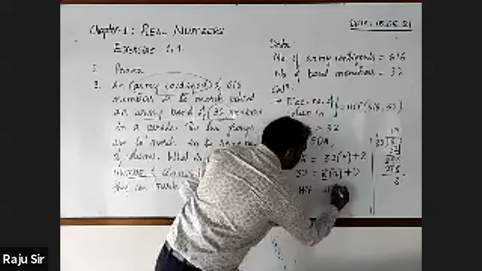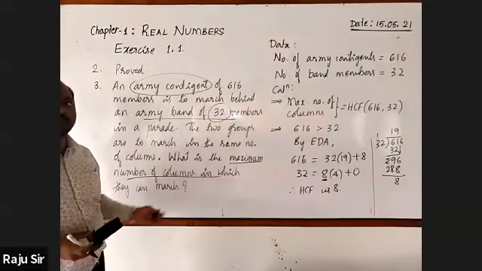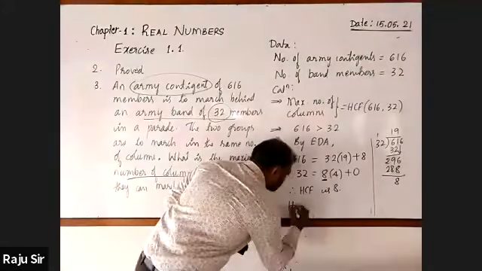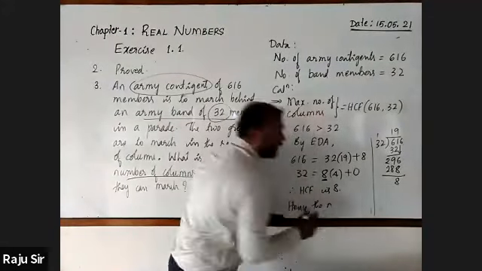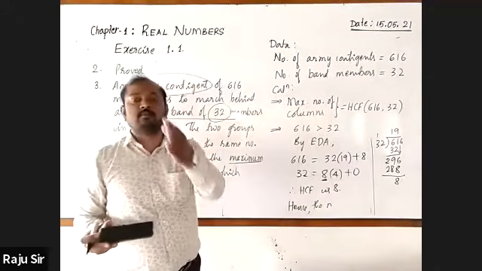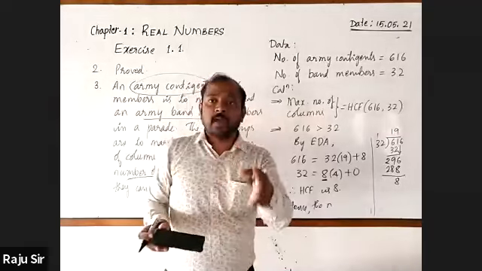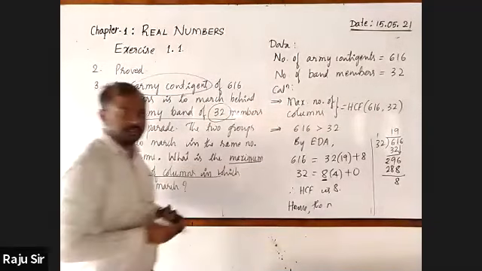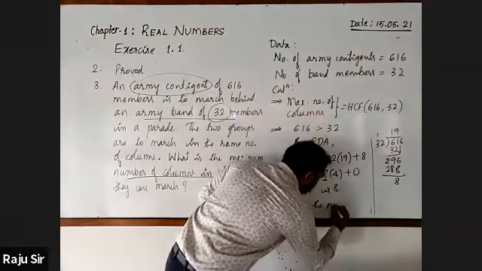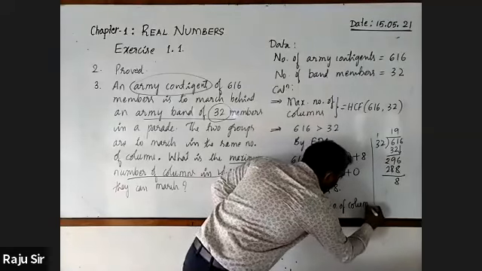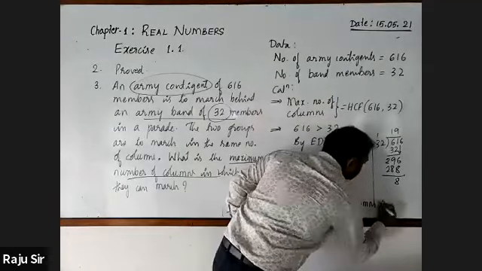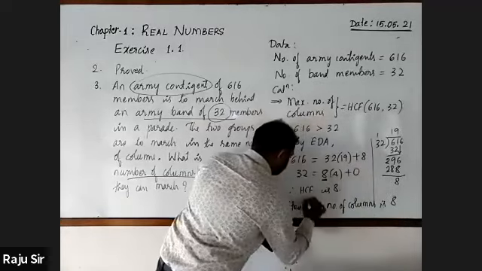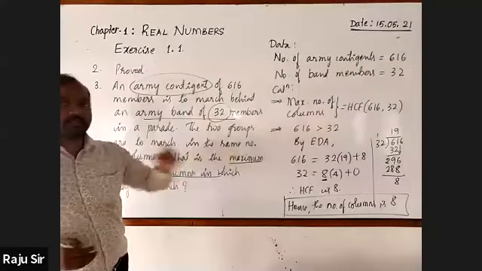Therefore, the maximum number of columns in which both the army contingents and band members can march is 8. Hence, the number of columns required is 8.